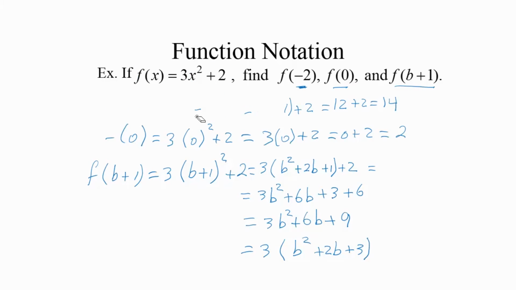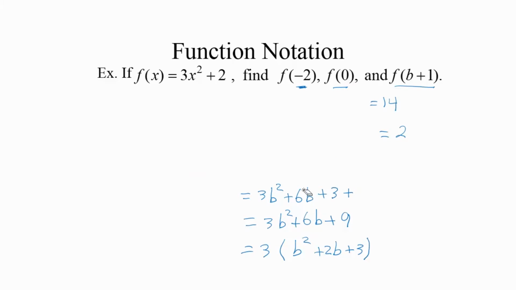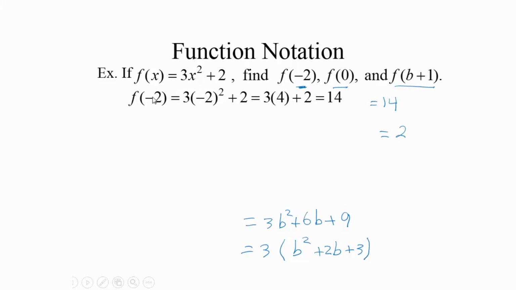Let's get rid of these. And we know one answer was 14. I'm going to keep those, so hopefully they will not write over my answers. The second answer was 2. And the third answer is either this or the one at the bottom. Let's just keep both. So f of minus 2, I did the same thing and came up with 14. Right?